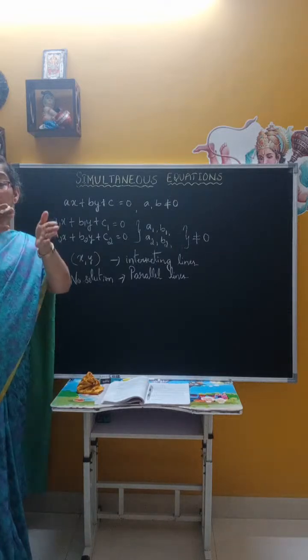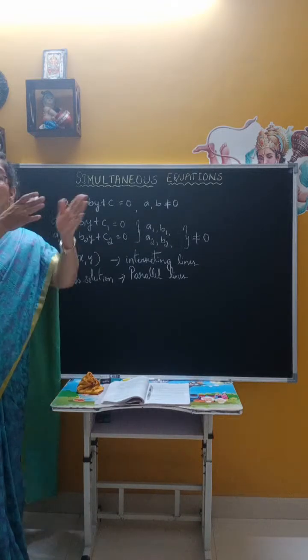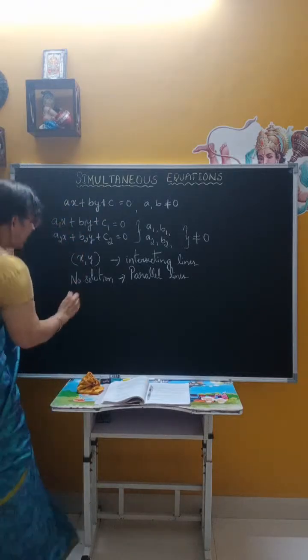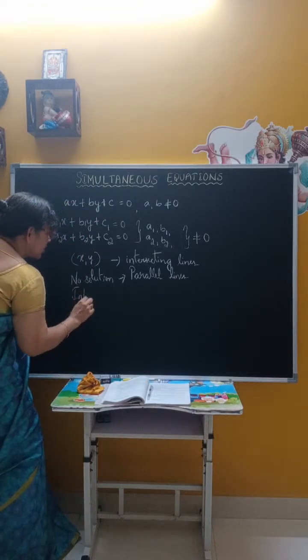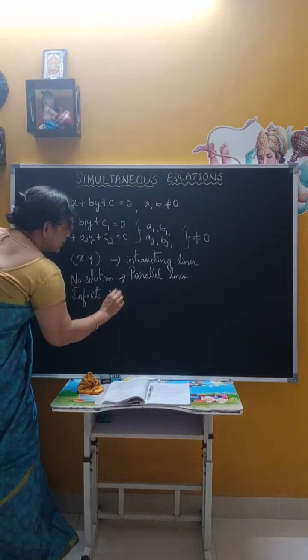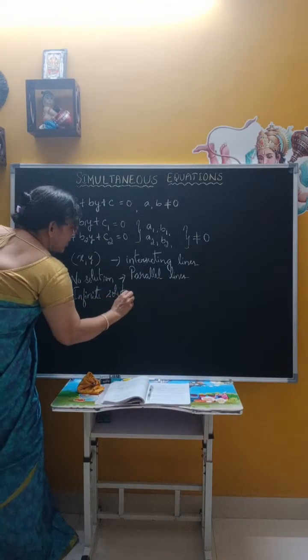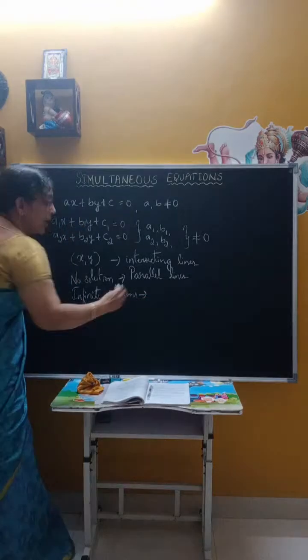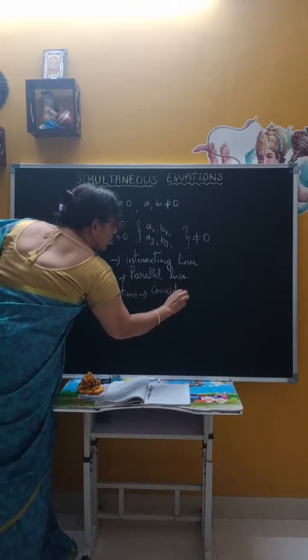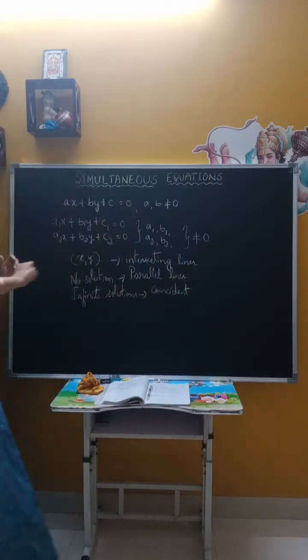I gave the example of the tiny cats: they will keep on joining till the end, so we get infinite solutions. This is possible when the lines are coincident, that means lying one on another.